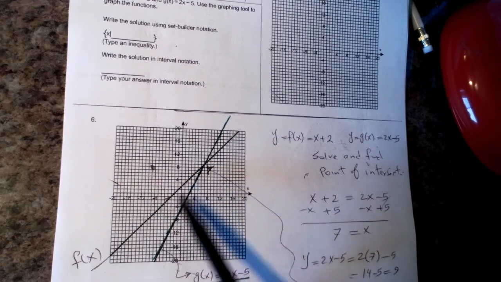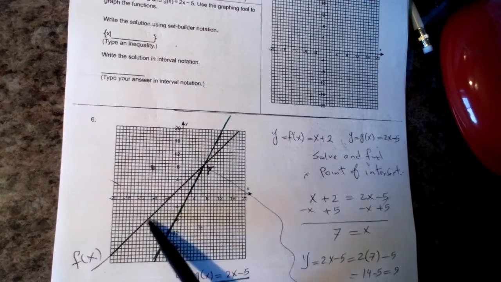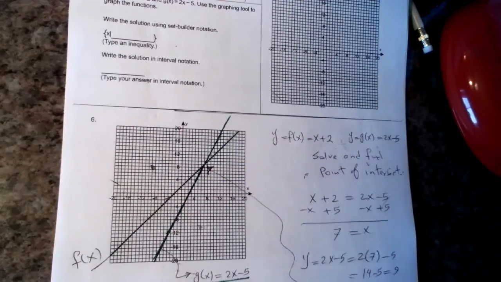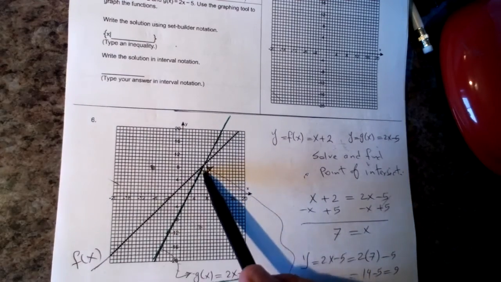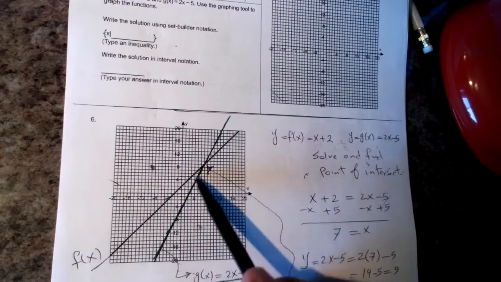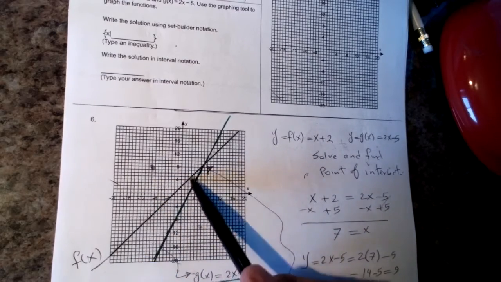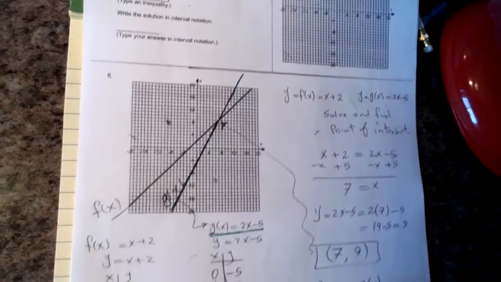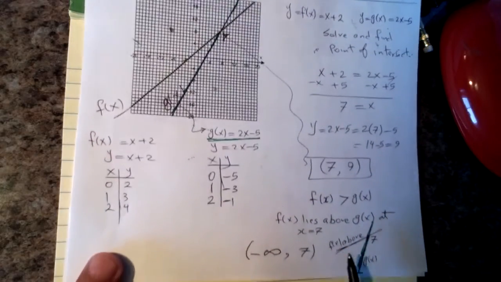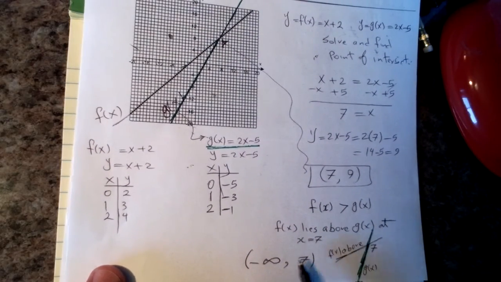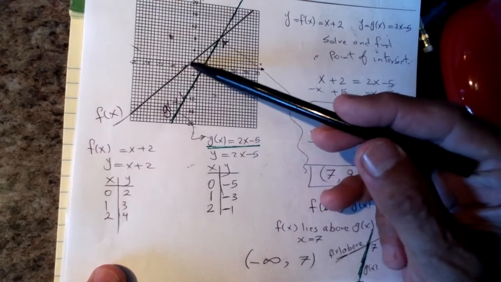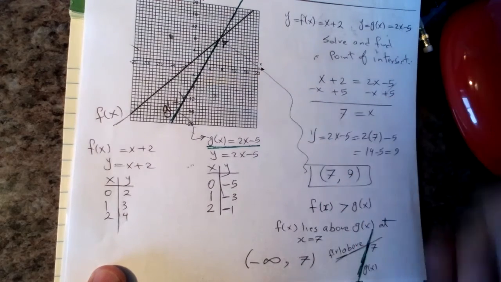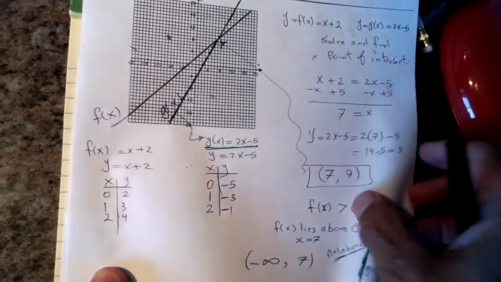From here to the left, you see this line is above this line. This point is 7. So less than 7, to the left, this piece, which is f of x, is greater than g of x. Less than 7, this section is above this section, meaning f of x is above g of x.